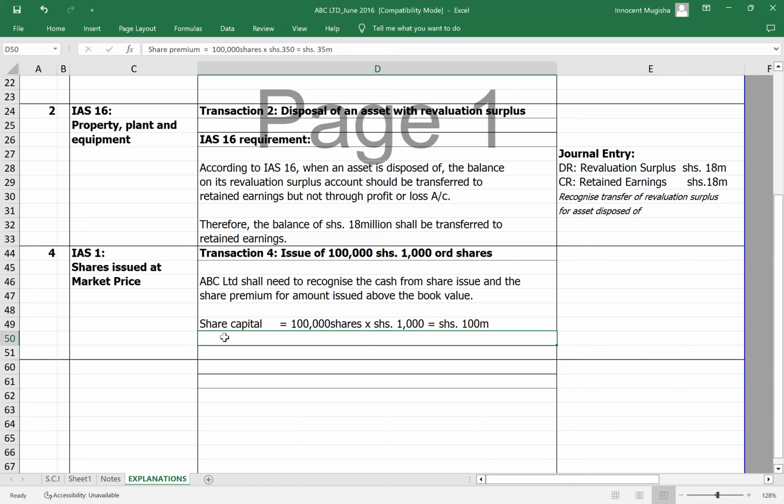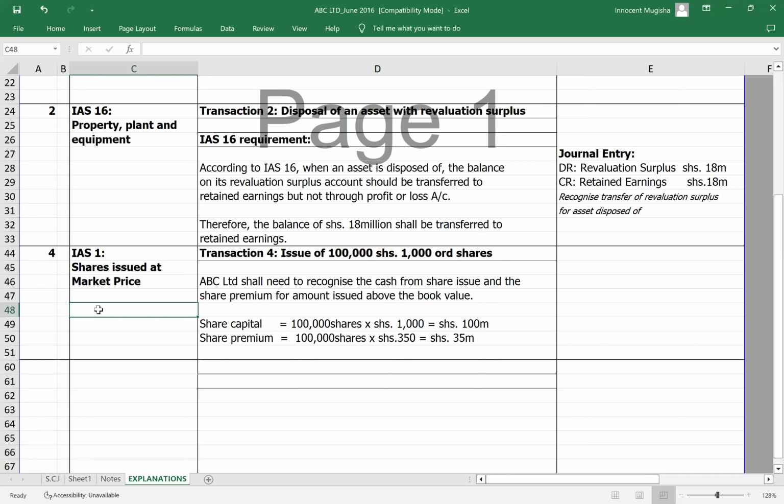And then the issue was above 1,000, so it was 1,350. So the extra 350 must be taken to share premium because the nominal value of our shares is 1,000.